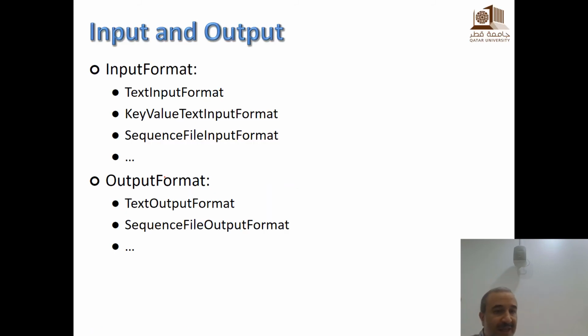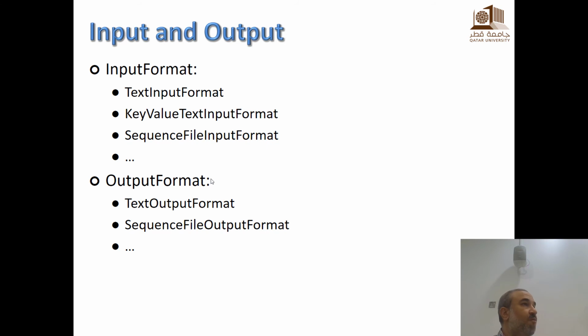So we have input format and we have output format. There are multiple classes that implement this for you: text input format, key value text input format, sequence file input format. You need to read about them to get a sense of the meaning of each, so that when you have your assignments or your project, you don't need to implement these from scratch.